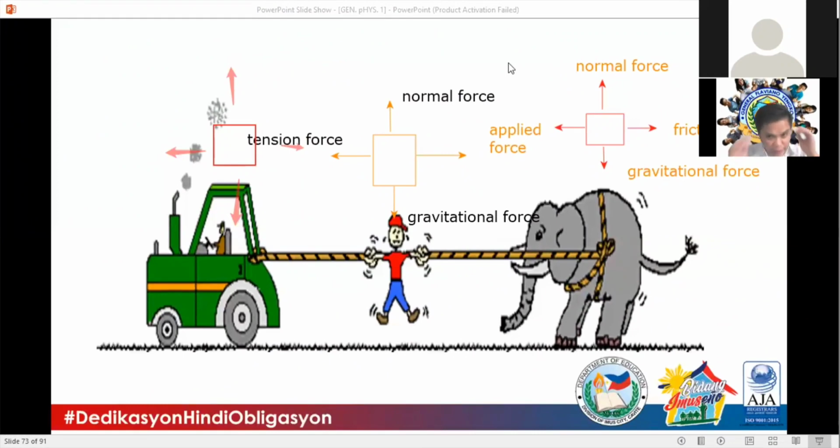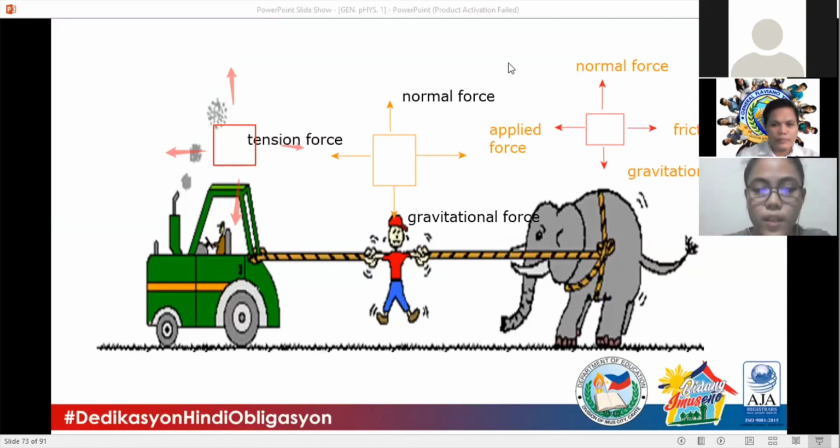Let us ask Marnel to discuss his free body diagram of the elephant. Okay po, sir. So, yung katulad din po, normal force and gravitational force, katulad lang din po nung sa lalaki. But then, yung sa elephant naman po, may applied force and then frictional force.